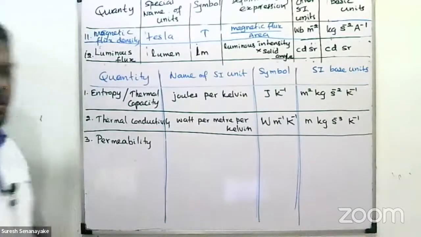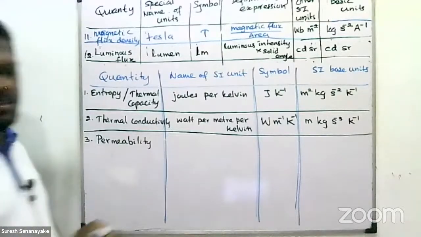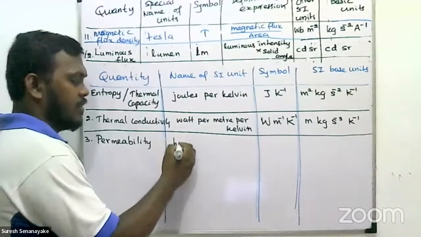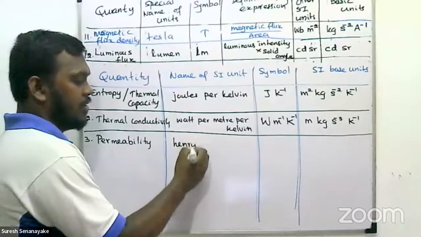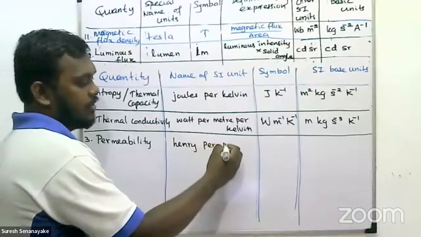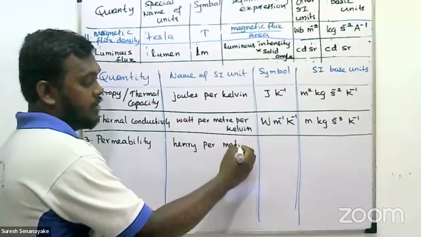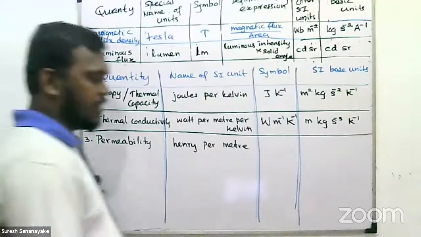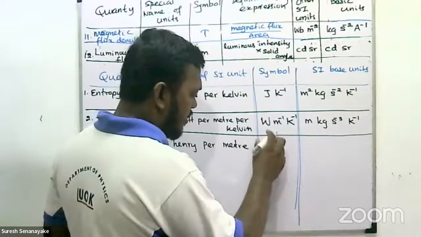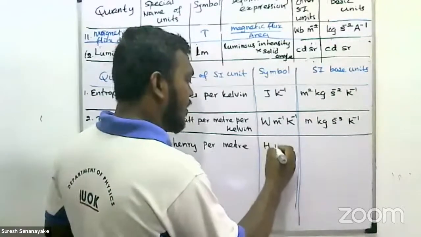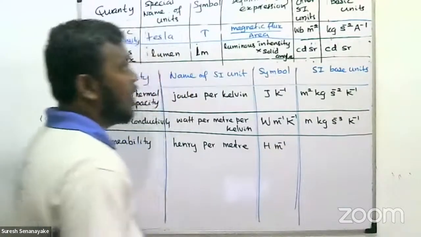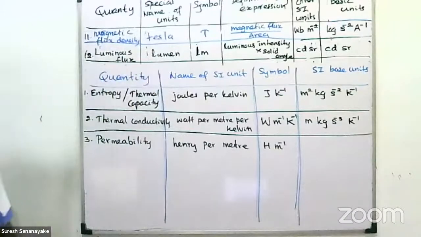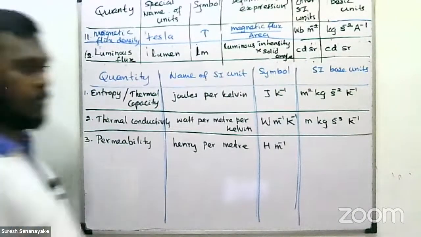Its unit is Henry per meter. The Henry is written with capital H; that's the unit of measuring inductance. H per meter. And SI base units we can write as meter, kilogram, s minus 2, A minus 2.